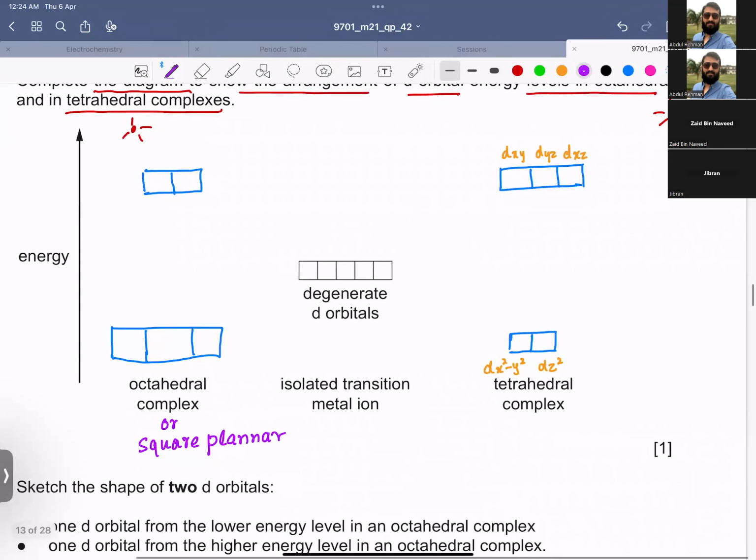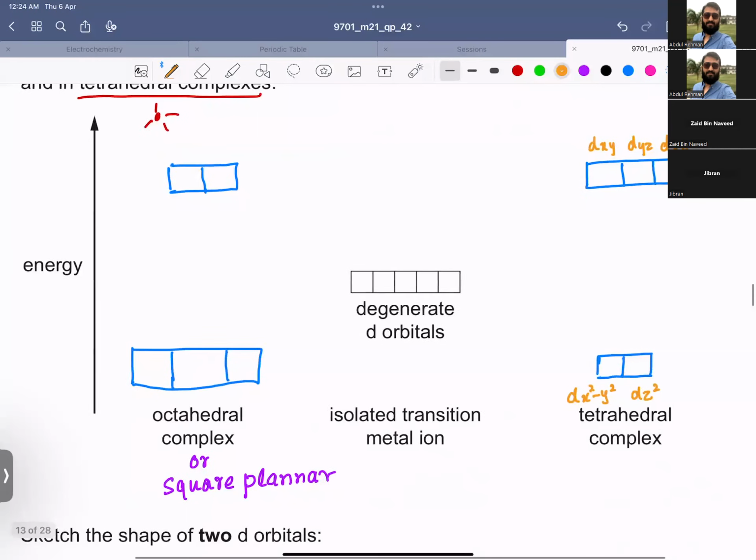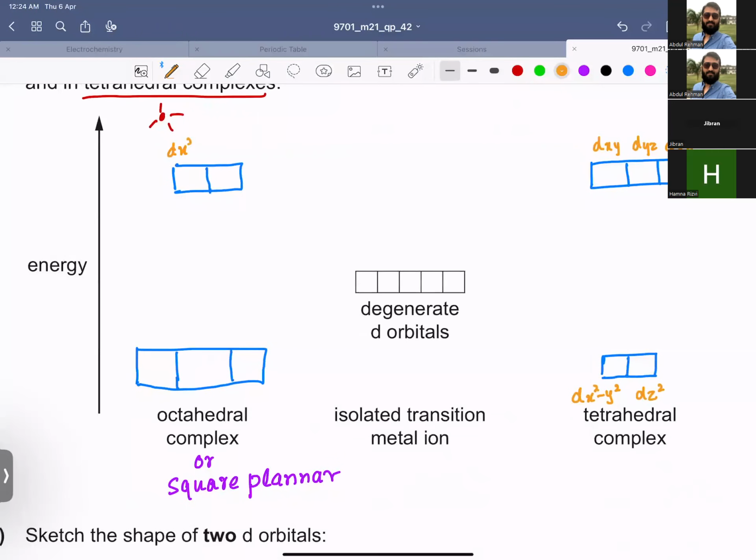Is this clear to everyone? Yes, sir. This is dx square minus y square, and this is dz square. And this is dxy, dyz, and dxz.